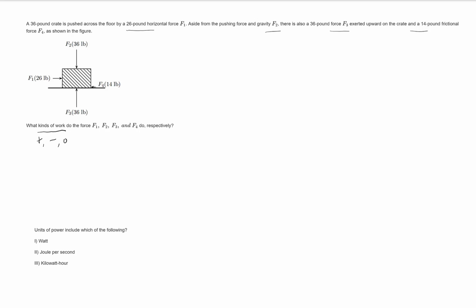We don't know time though. So we would use the third kinematic: Vf squared is v naught squared plus 2a times delta x, or y minus y1. Just do delta x. So there's no initial velocity, so we just have that. So with that you can get the final velocity. With the final velocity you can get the kinetic energy, which is the net work.